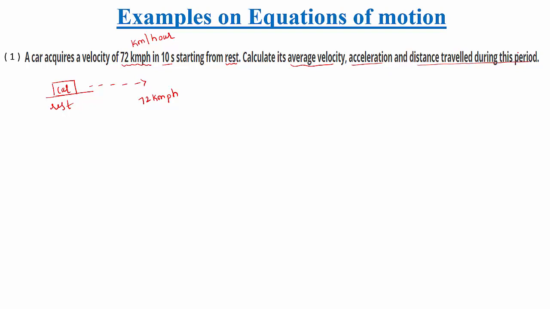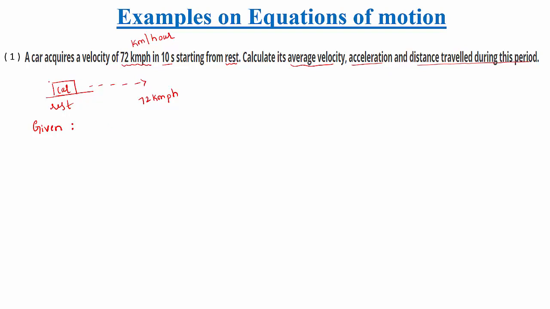See here, when you are going to solve any numerical problem in physics, it carries 5 marks. First, we have to write the givens from this numerical problem. What are the givens? Initially, the car is at rest. When the car is initially at rest, then what is the initial velocity of the car?